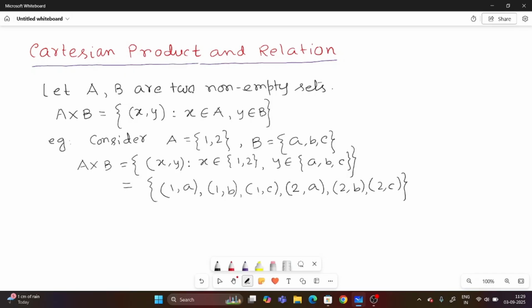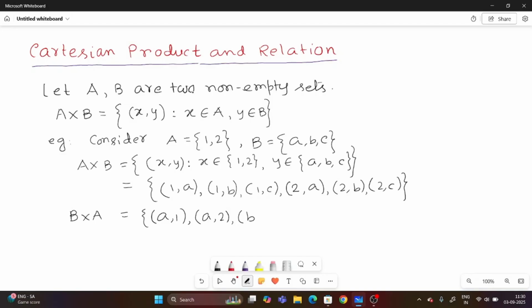Suppose we are doing B cross A. B cross A means Cartesian product between the sets B and A. Then the first component will be selected from the set B, and second component will be selected from the set A. So all possible ordered pairs formed are (a, 1), (a, 2).